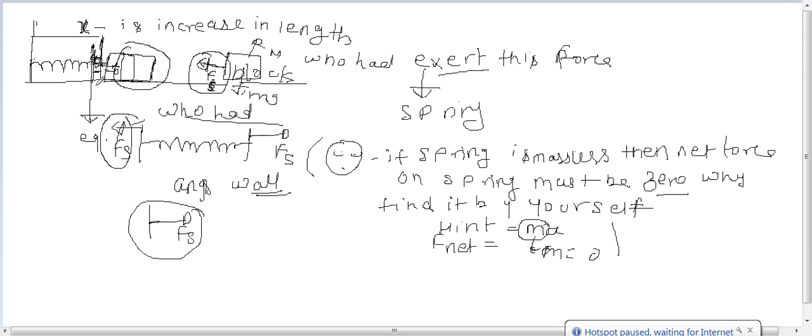Okay, guys, these things are important to analyze. So the spring force Fs is equal to Kx.